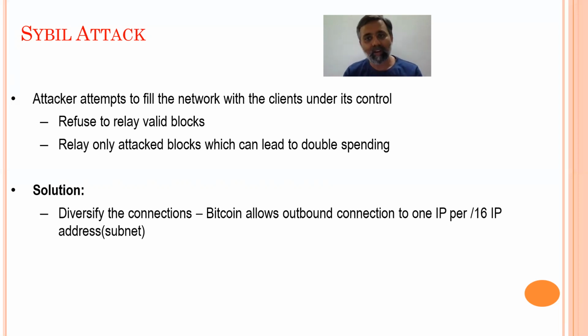So it will diversify our connections and avoid this type of attack. But again, the attacker may have a group of individuals from different locations as well, so the possibility of this attack also remains.